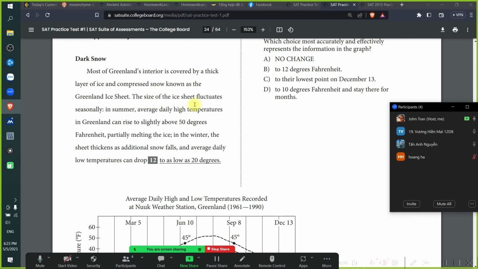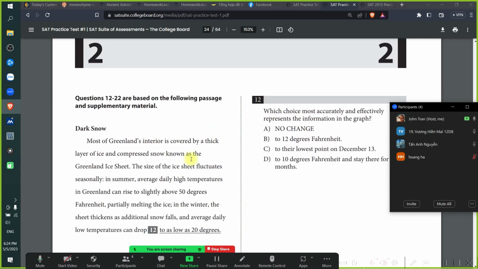The size of the ice sheet fluctuates seasonally. In summer, average daily high temperatures in Greenland can rise to slightly above 50 degrees Fahrenheit, partially melting the ice. In the winter, the sheet thickens as additional snow falls, and average daily low temperatures can drop to as low as 20 degrees.